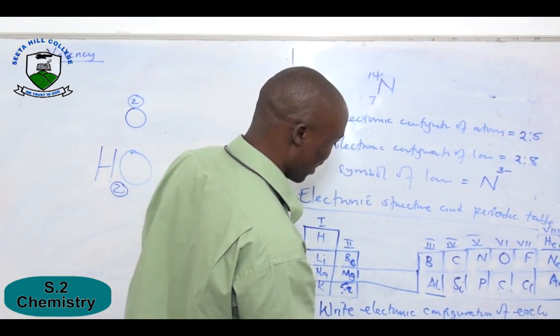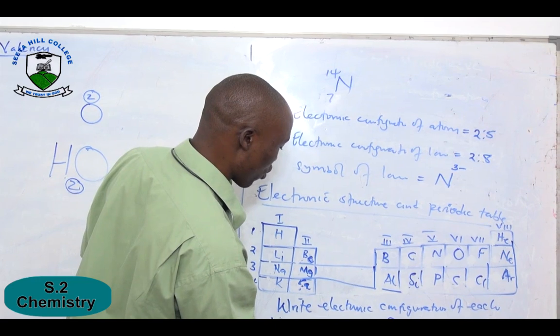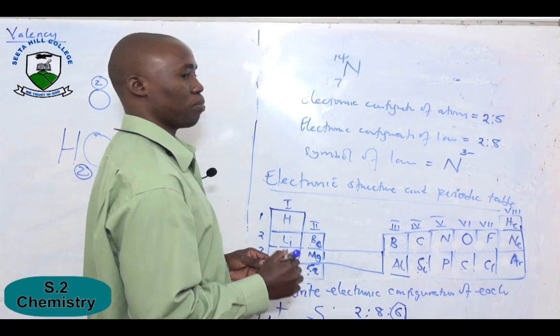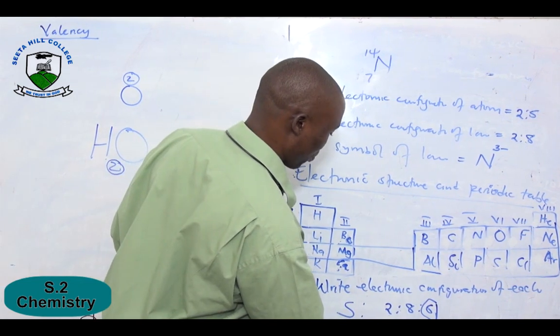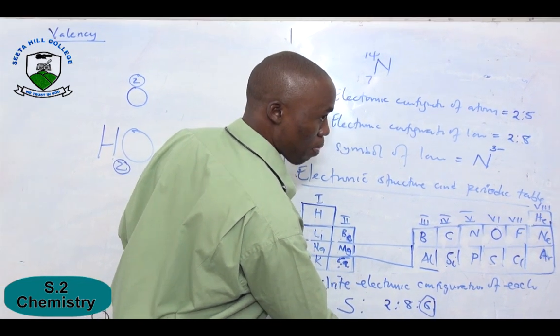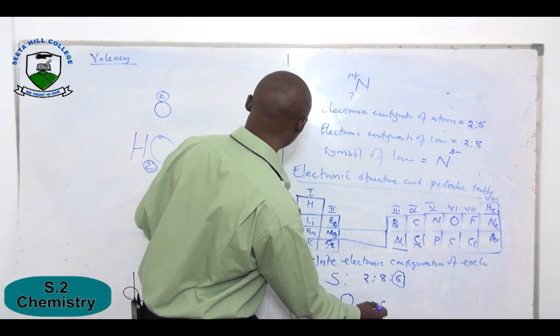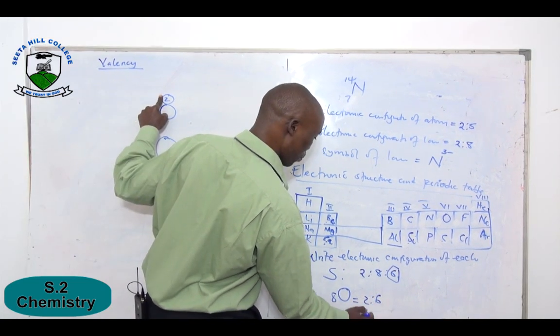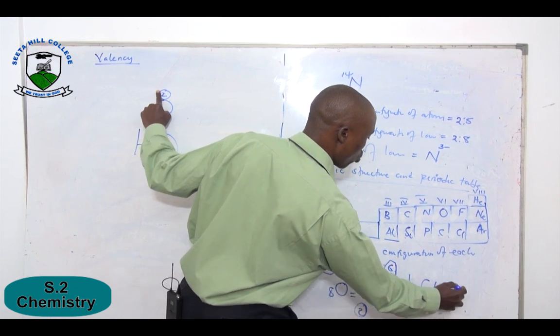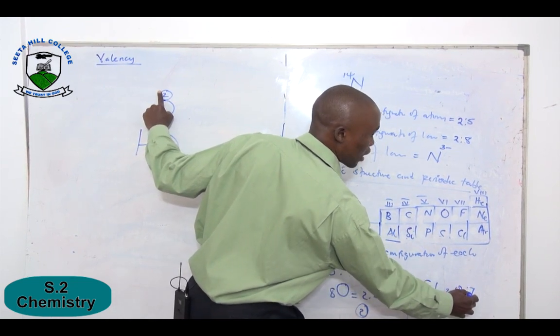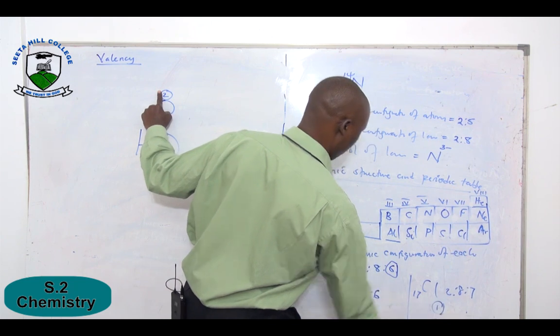Oxygen is 8. What is the configuration? 2, 6. Clear? And we have seen its valence is what? Now look here. Chlorine is 17, which is 2, 8, 7. Has a valence of 1.